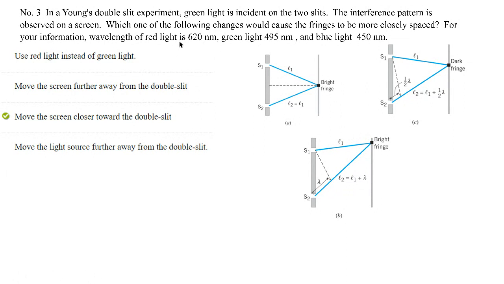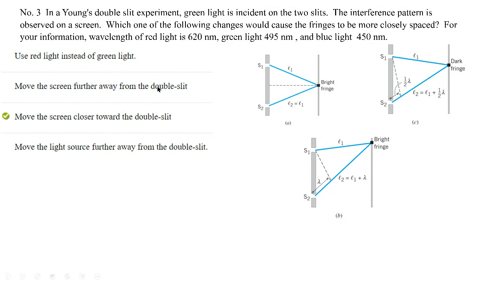For constructive interference, sine theta equals m lambda over d. So if your lambda is longer, it actually would be further away. You're not squeezing the fringes, you are spreading the fringes out. All right? So this cannot be the correct answer.